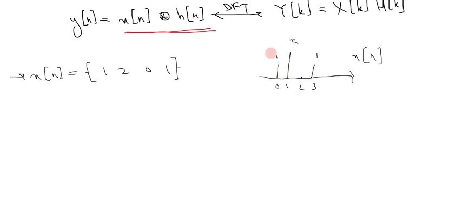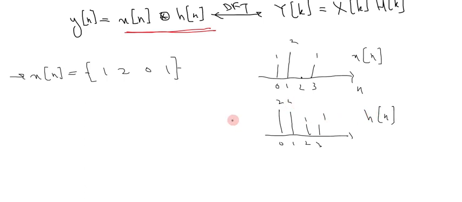You have placed the values of these samples in set form, and you have another signal or system response h of n, which is given as 2, 2, 1, 1. This is your impulse response h of n, and you can represent it with this notation: 2 2 1 1.